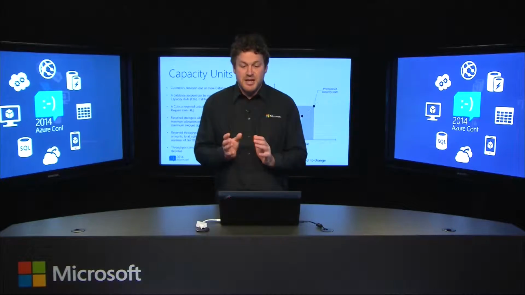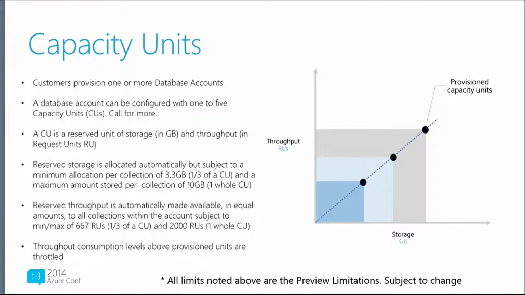So a CU is a reserved unit of storage, so you get a certain amount of storage in gigabytes, and a reserved level of throughput capacity that's described in a thing called request units, and we'll have a look at request units shortly. It's important to know exactly how capacity units get spread out across your database and across the collections that sit within your account, because that's really the important thing that we're dealing with inside our account, is this idea of collections.